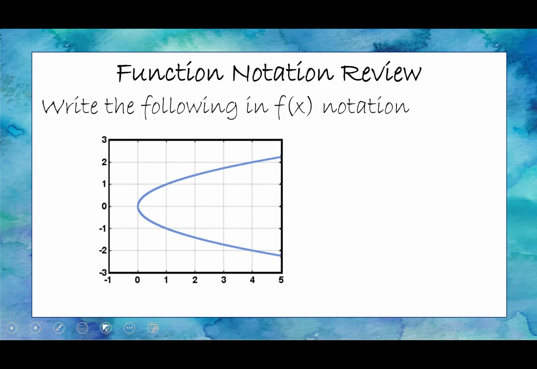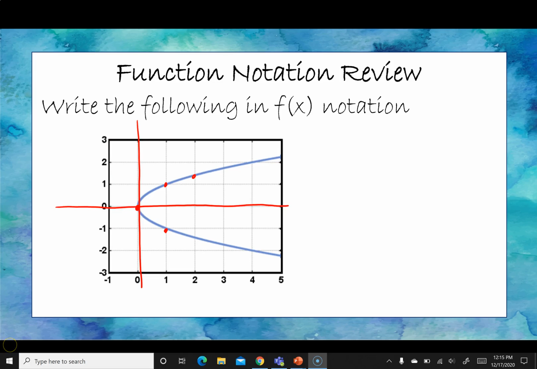How about writing this in function notation? Well, this is a little trickier. You might want to just identify what some of these coordinates are, and then it's not too bad. I figured it out.